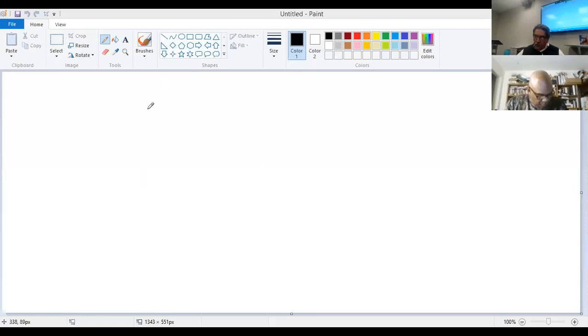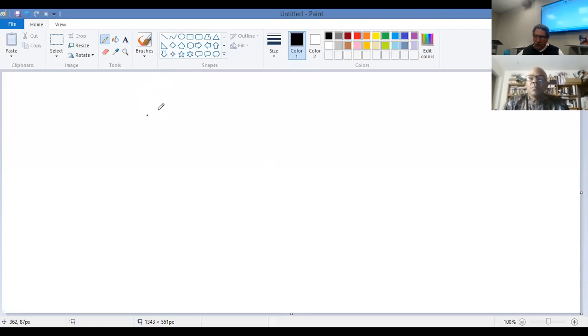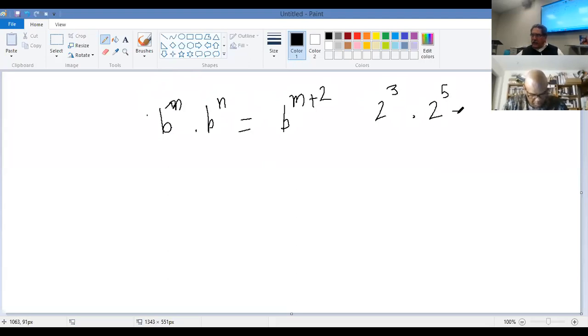Again, if I have b to the power of m multiplied by b to the power of n, the b is the same, but m and n are different. It's the same as b to the power of m plus n. For example, 2 to the power of 3 times 2 to the power of 5 is the same as 2 to the power of 3 plus 5, or 2 to the power of 8.